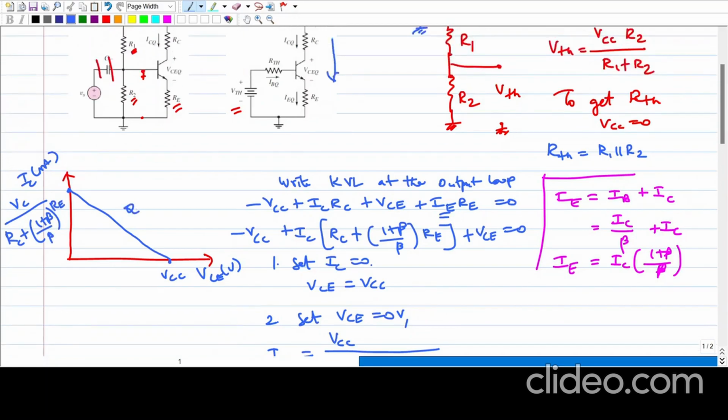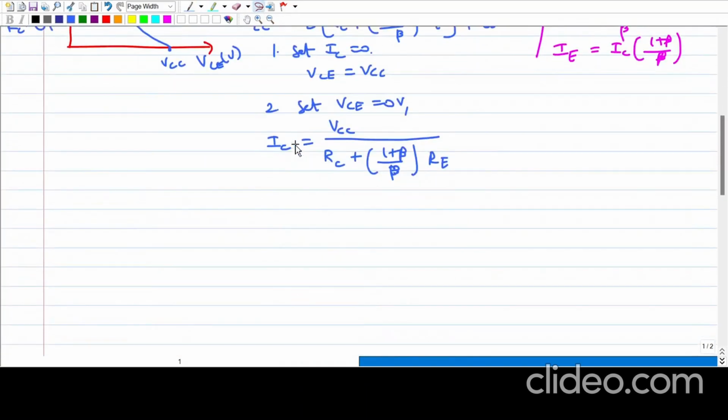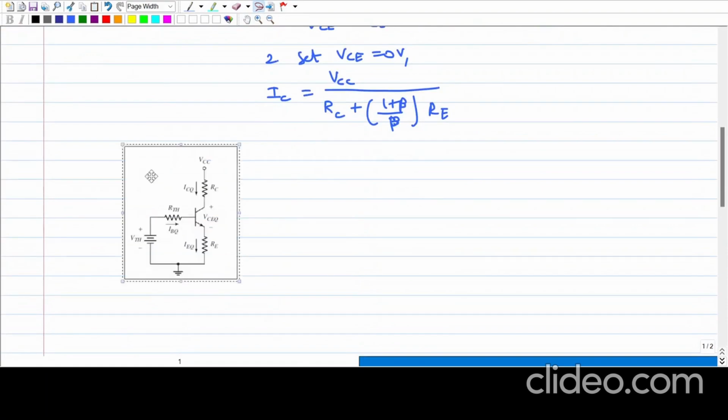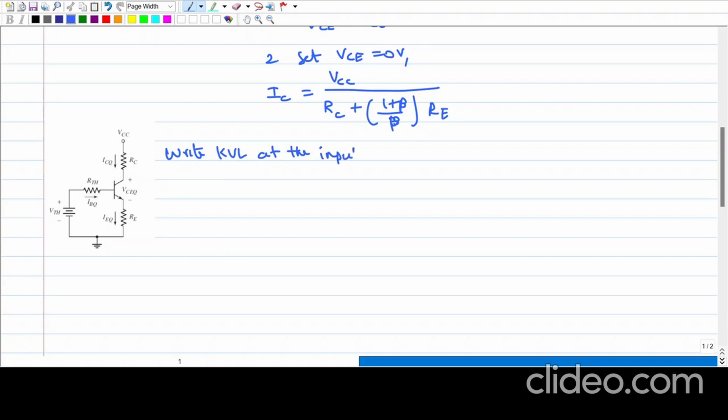For this, I am going to use this circuit. I will copy that. Now write KVL at the input loop, that is the base emitter.